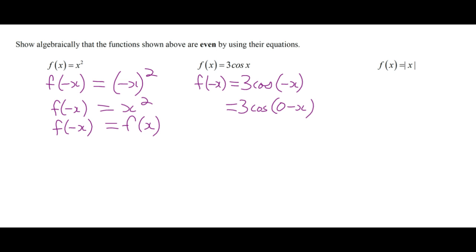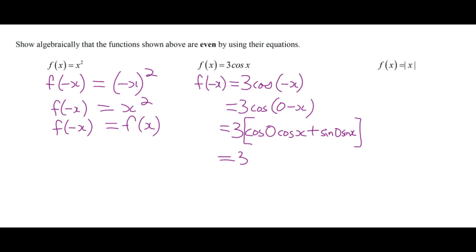Now we have the cosine of a difference, so it's 3 times cos 0 cos x plus sine 0 sine x. Now, what's the cosine of 0? 1.